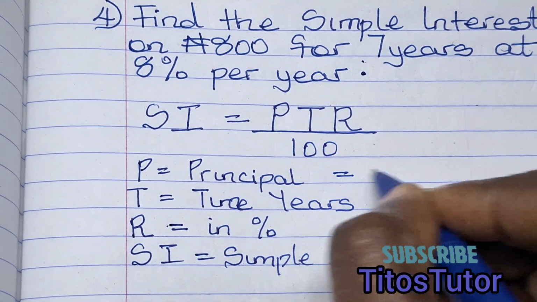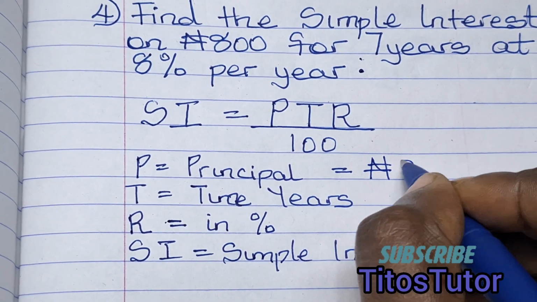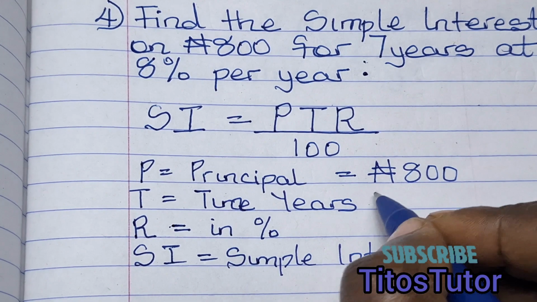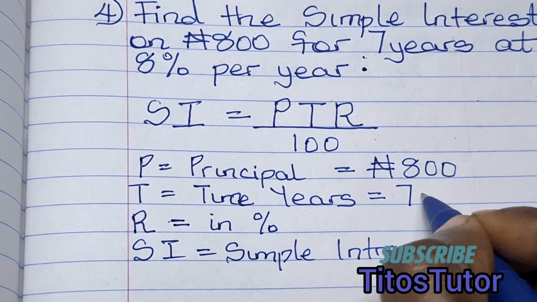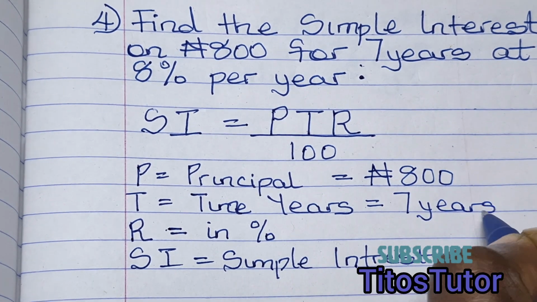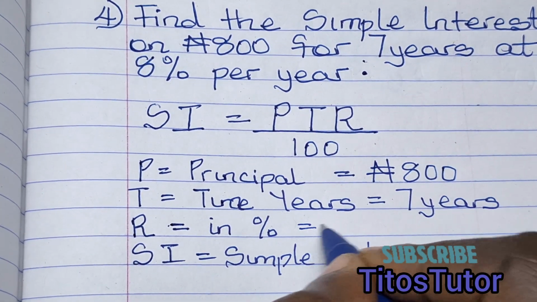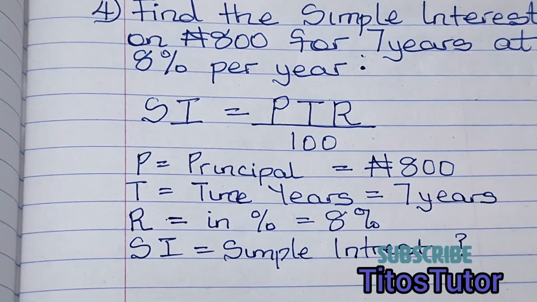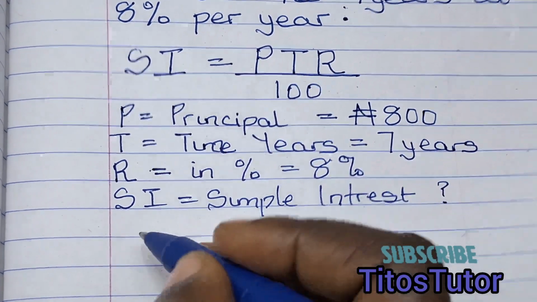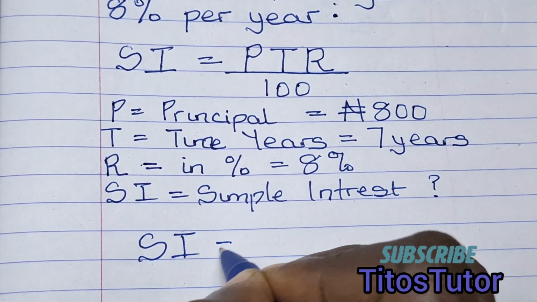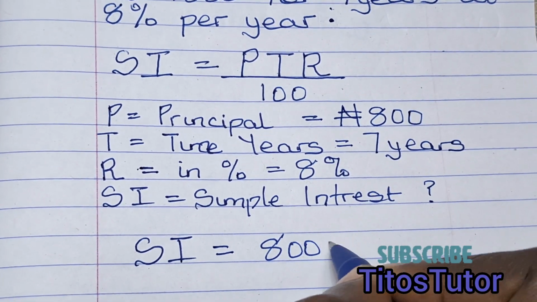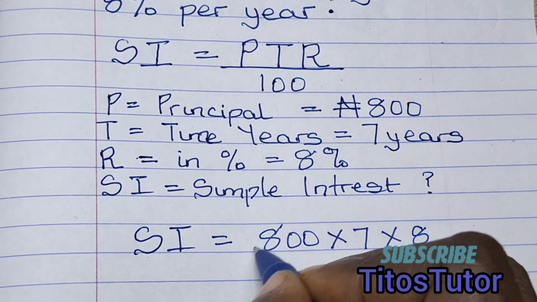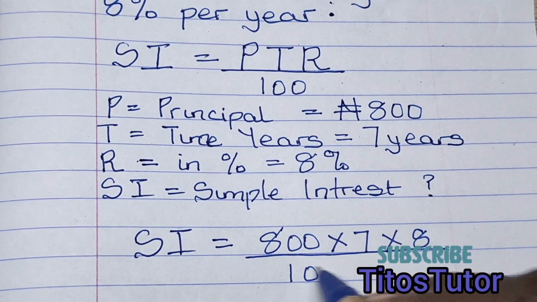So all you need to do is substitute all the information in the question. Principal is 800 naira and your time is 7 years, while your percentage is 8%, and you're looking for your simple interest. So the formula says SI is equal to 800 multiplied by 7 multiplied by 8 all over 100.